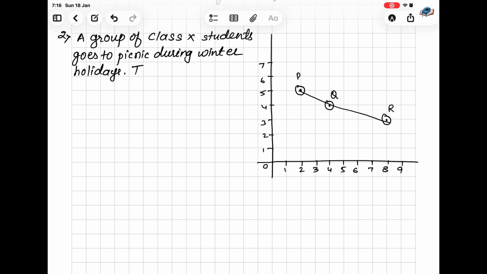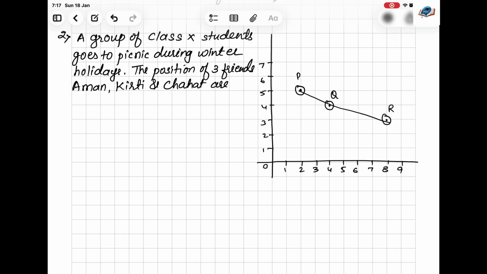The position of three friends, Aman, Kirti and Chahat, are shown by points P, Q, and R.